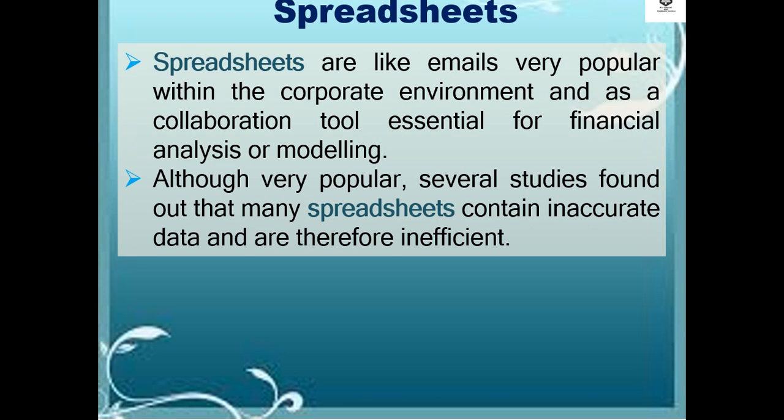Spreadsheets are like emails, very popular within the corporate environment and as a collaboration tool essential for financial analysis or modeling. Although very popular, several studies found out that many spreadsheets contain inaccurate data and are therefore inefficient.